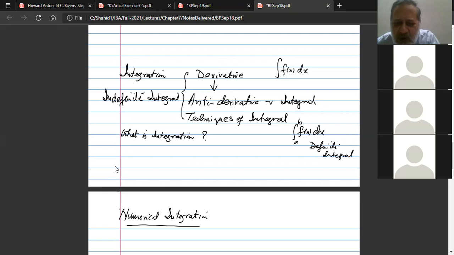And you mostly consider this as area under the curve. If this is the graph of some function from x equal to a to x equal to b, then you talk about that this is area under this curve.